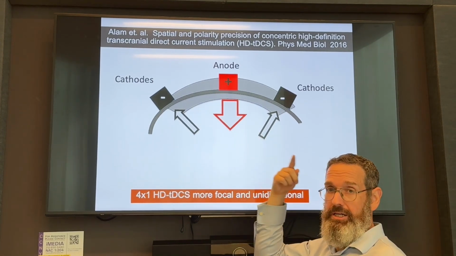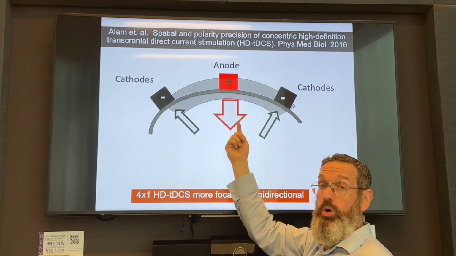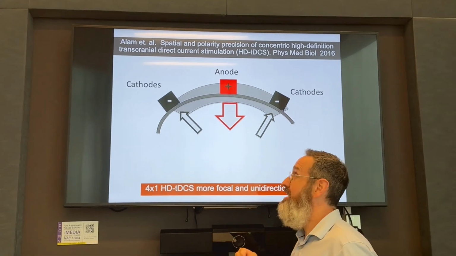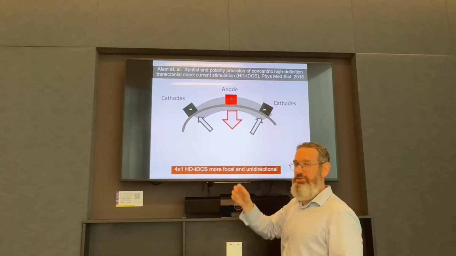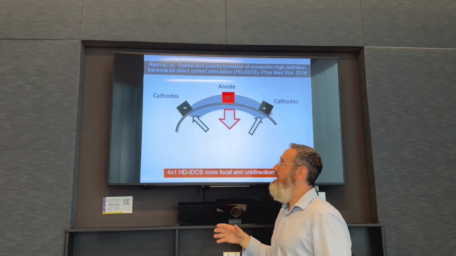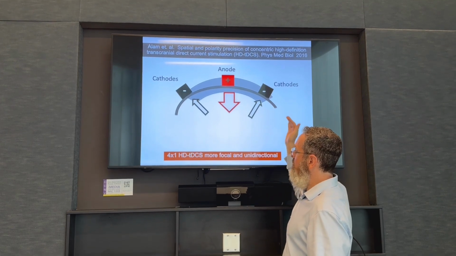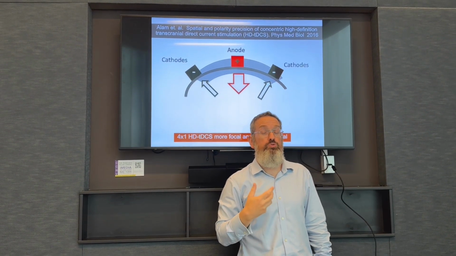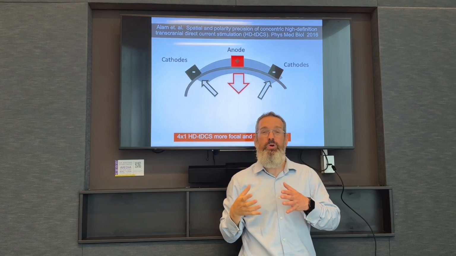If I had 4 electrodes, each one of these is only collecting negative 0.25. So you can see that the center electrode is stronger than the other ones. And for that reason, as well as the fact that the current can come back through a longer pathway, we end up producing a more unidirectional effect with the 4x1 montage.